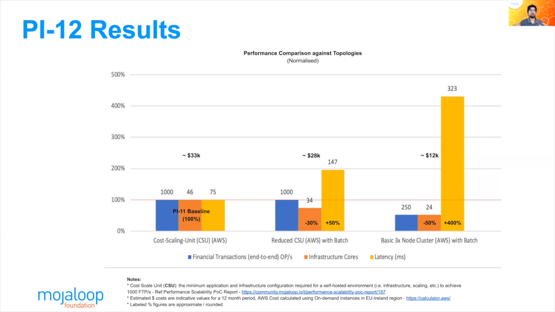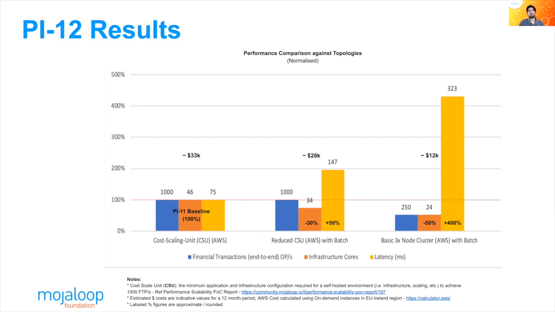As part of the batching, in the middle, you can see that we have taken the cost scaling units, we've applied the batching that we implemented, and we started reducing some of their hardware down to see what improvements could be achieved from that. So it's the same deployment topology as the CSU, with the same service and backend stores separated on optimized hardware.